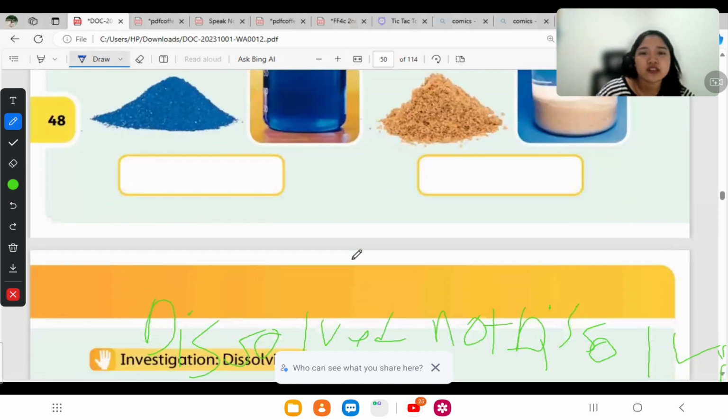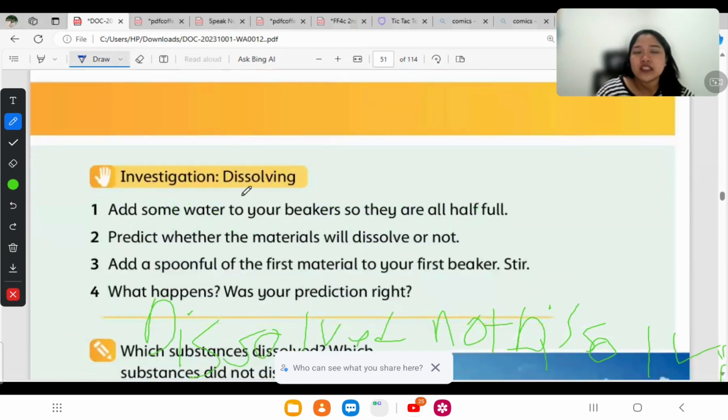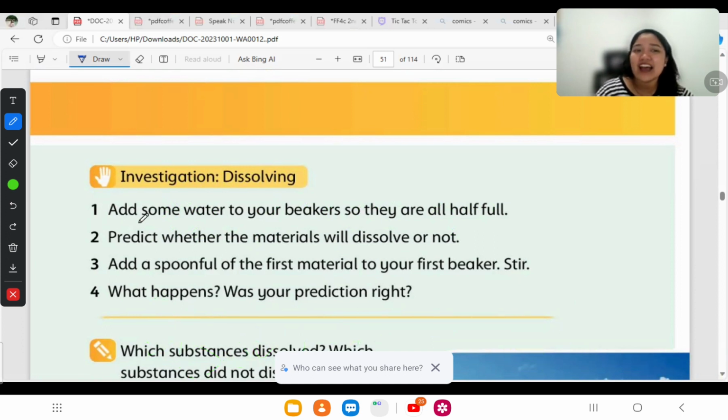So here, let's learn more about it. In the investigation of dissolving, let's read number one. Let me erase this first. One, add some water to your beaker. Number two, predict whether the materials will dissolve or not.